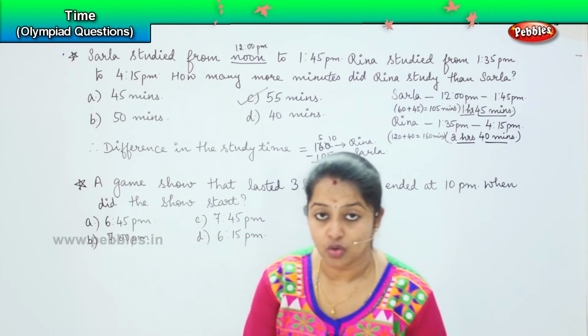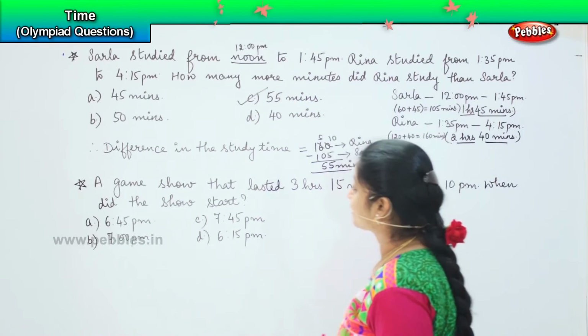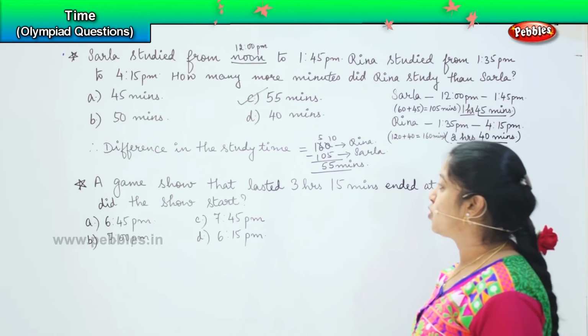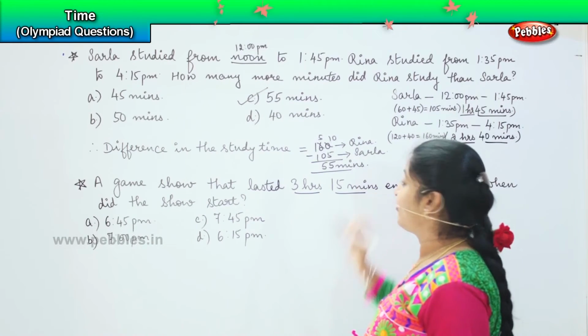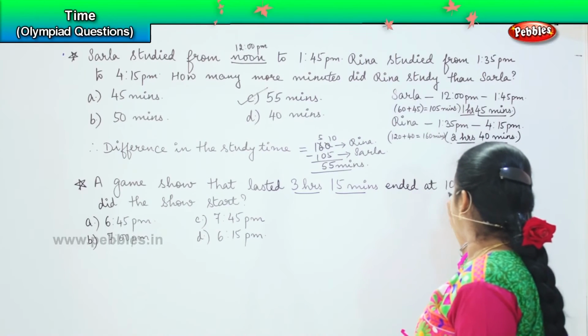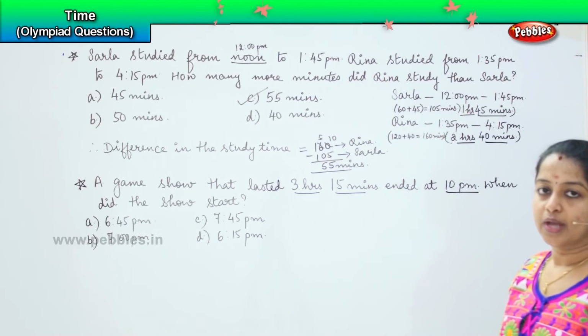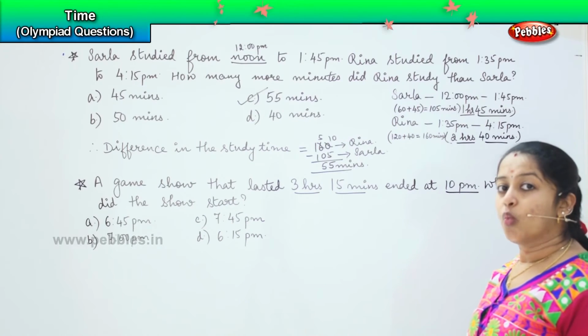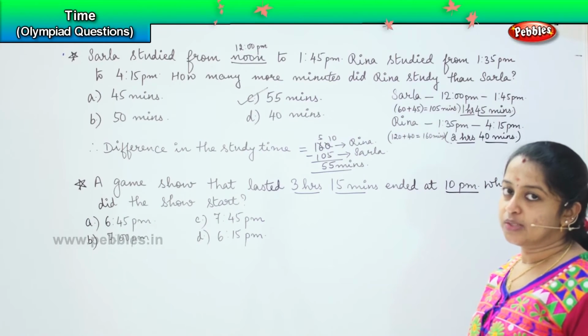Okay, so did you understand the question here? They say that a game show lasted for 3 hours and 15 minutes and it ended at 10 p.m. So now we need to find out what time did the show actually start.